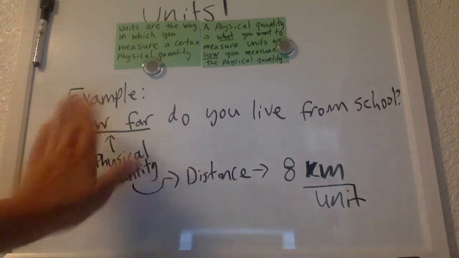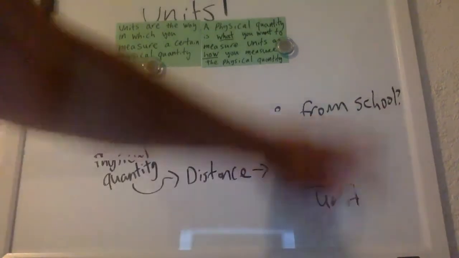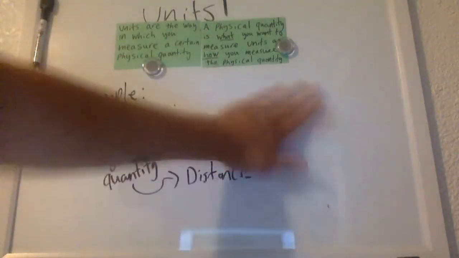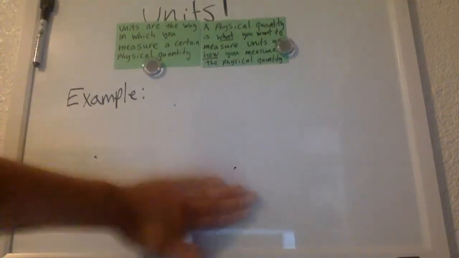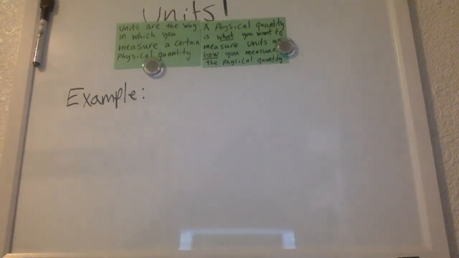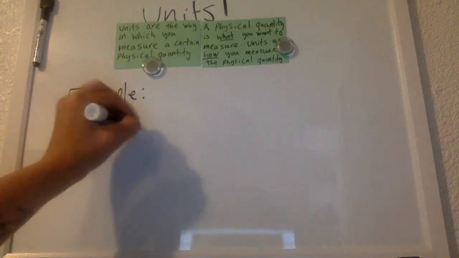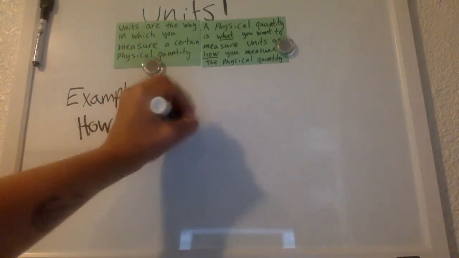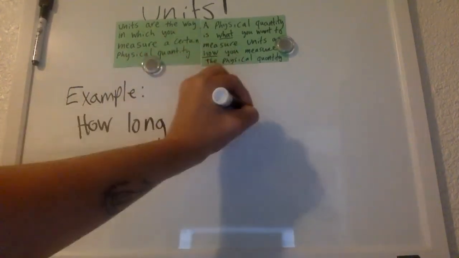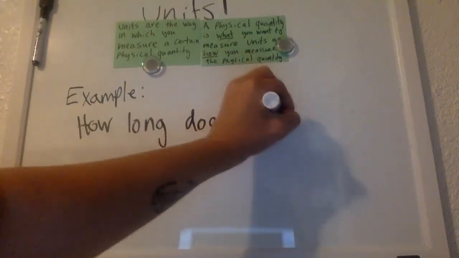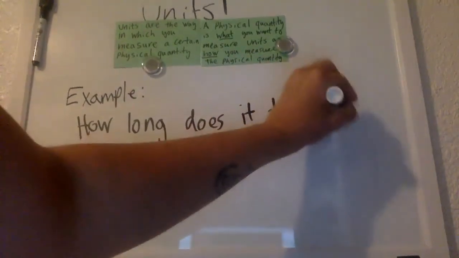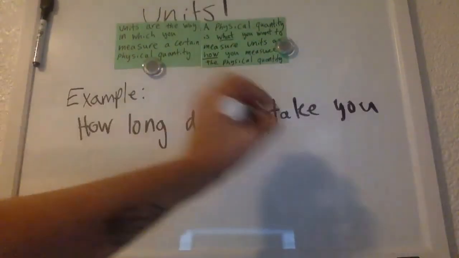So I'm going to give you another example. All right. So what if I asked you, how long does it take you to get to school? How long does it take you?